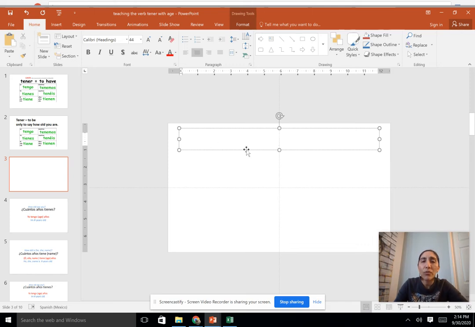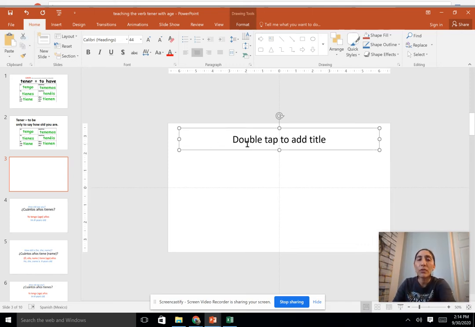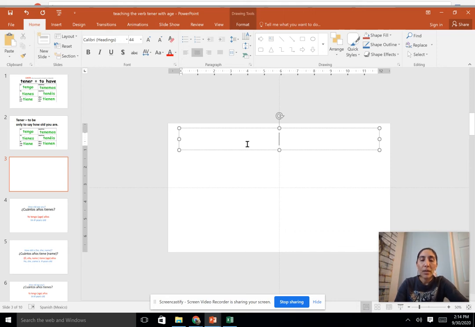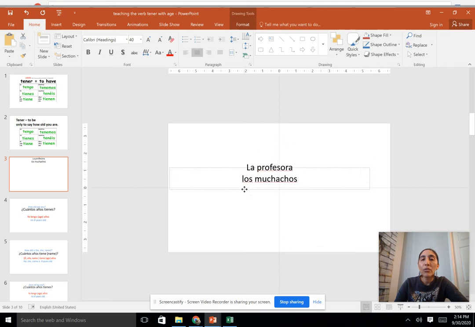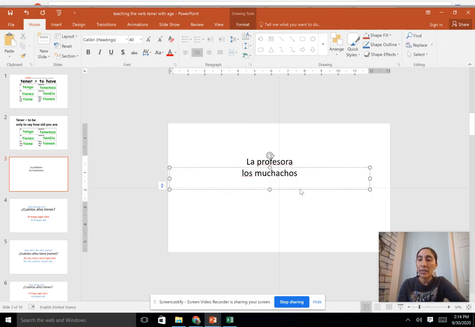So how about we practice some subjects with this verb? Let's do something really quick. I'm going to do la profesora. And then I am going to say los muchachos. You can also bring your professions. If you go to your purple sheet and find how to say fireman, you will say el bombero.